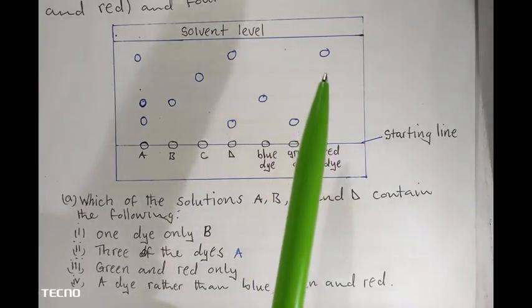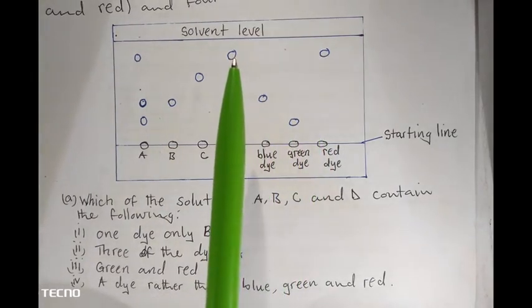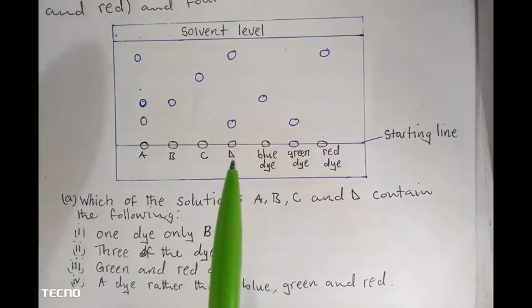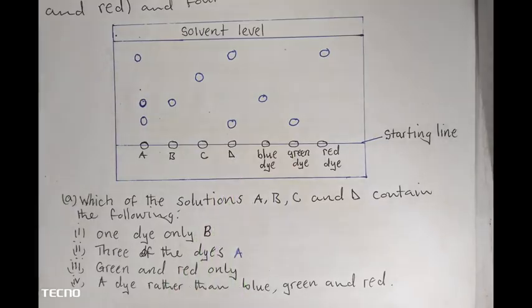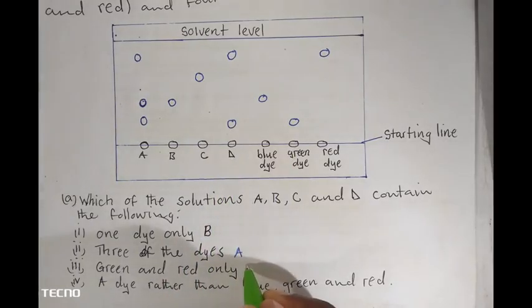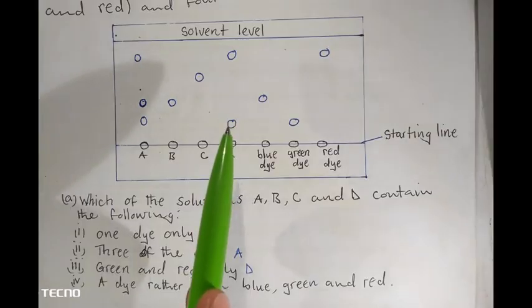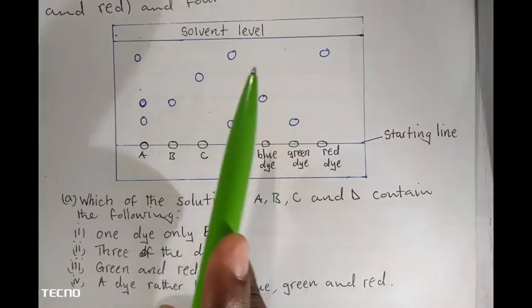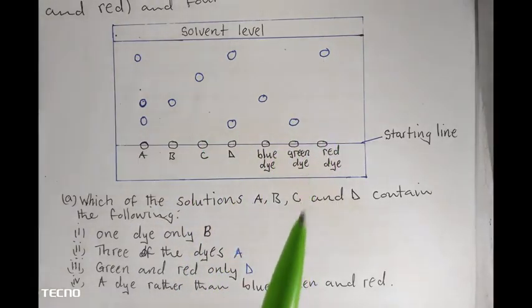We have red in D, sorry, yes, it is D. Then green, there it is D as well. So here we are saying that it's D. It has green, and the other spot contains red. That's all.